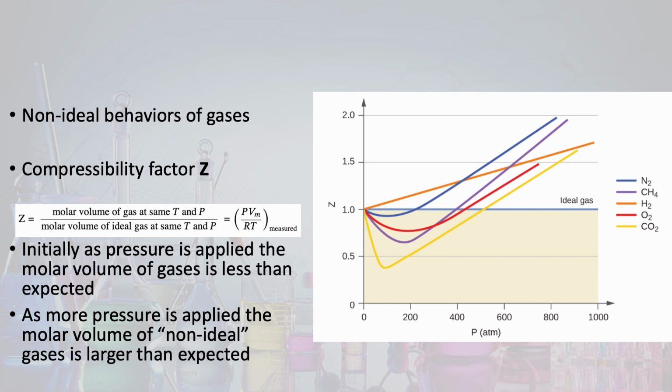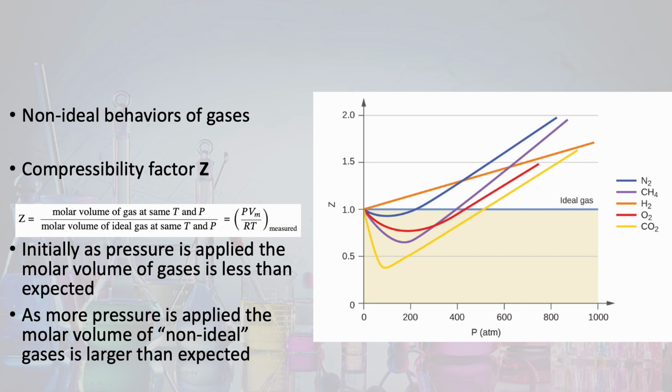So we begin to observe differences in real gases versus ideal gases as we compress them, right? As more and more pressure is applied, the molar volume of a non-ideal gas is larger than we would expect. So here, again, 1 is, no matter what our pressure and temperature is, we could plug it into our ideal gas law, and we would have a molar volume of that ideal gas.